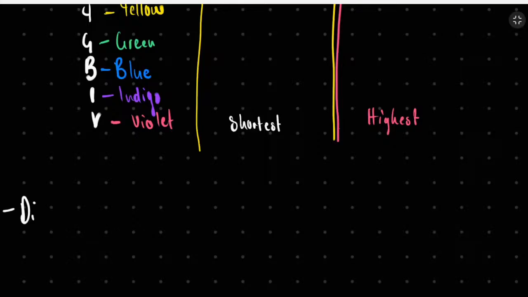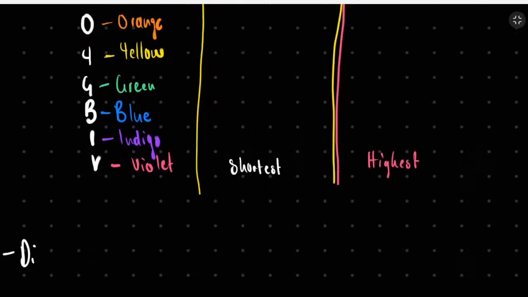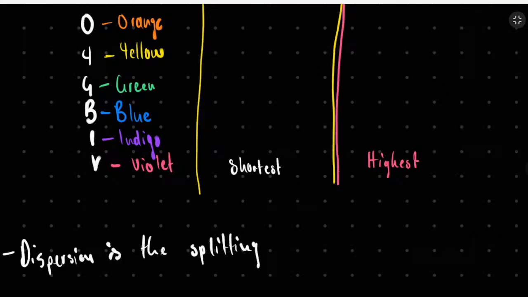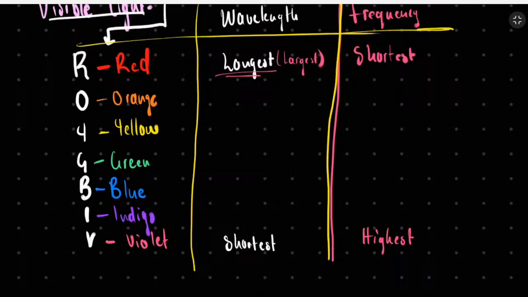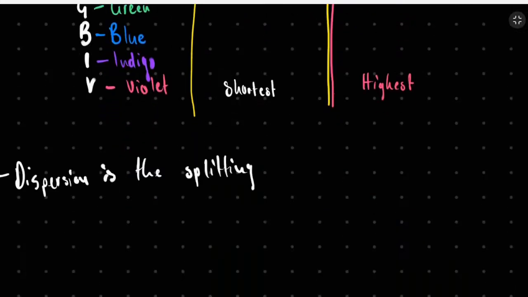Thank you. What I was saying was, I wanted you to write what dispersion is. It's just the splitting of white light. So write, dispersion is the splitting of white light. And everybody in here knows white light is not white. It's just a combination of these 7. So when you take these 7 and bring them together, guess what you get?